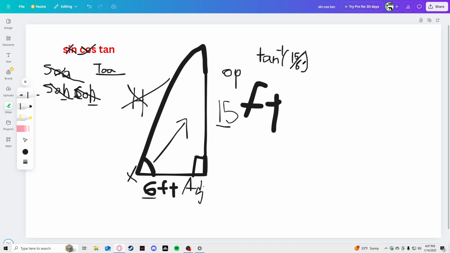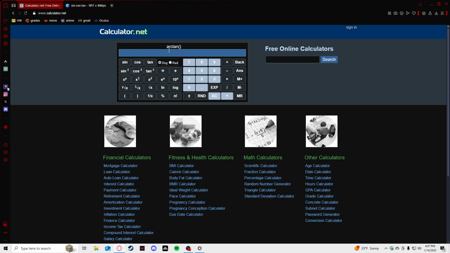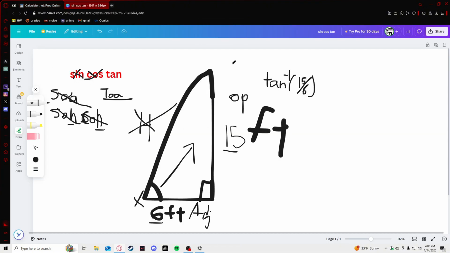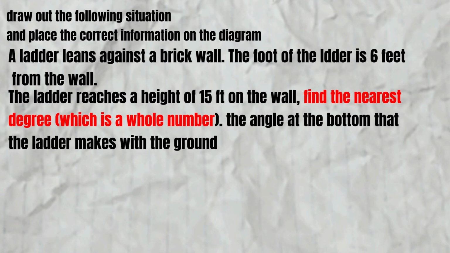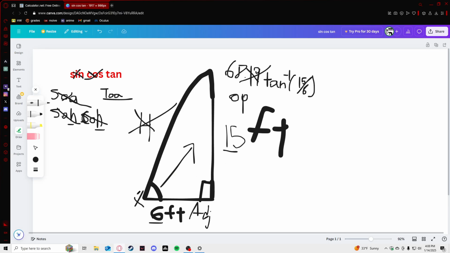So arctan of 15 divided by 6 gives us this whole bunch of numbers, 68.19. But as it says in the question, find the nearest degree, which makes it a whole number. So we cross that out and say x is equal to 68 degrees.